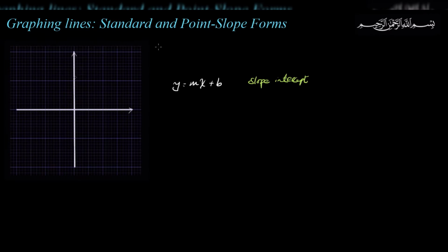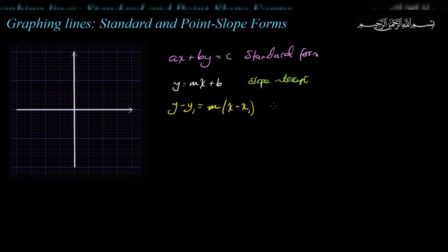So, if you recall, the standard form of a line was something like this: ax plus by is equal to c, and this is called the standard form. So a linear function, a line, can be written in three different ways: this is the standard form, this is the slope-intercept form, and finally the point-slope form: y minus y1 is equal to slope times x minus x1.